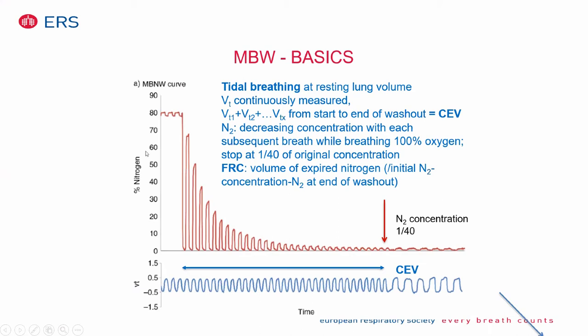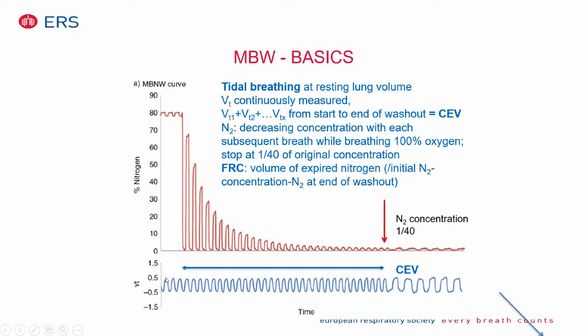You've seen these traces before: tidal volume, concentration of nitrogen. You do tidal breathing, then from room air you switch the subject into oxygen, and all the nitrogen that comes out of the system can be measured and will decrease breath by breath by breath until the concentration, and that's just an agreement, is down to 1/40 of the initial concentration.